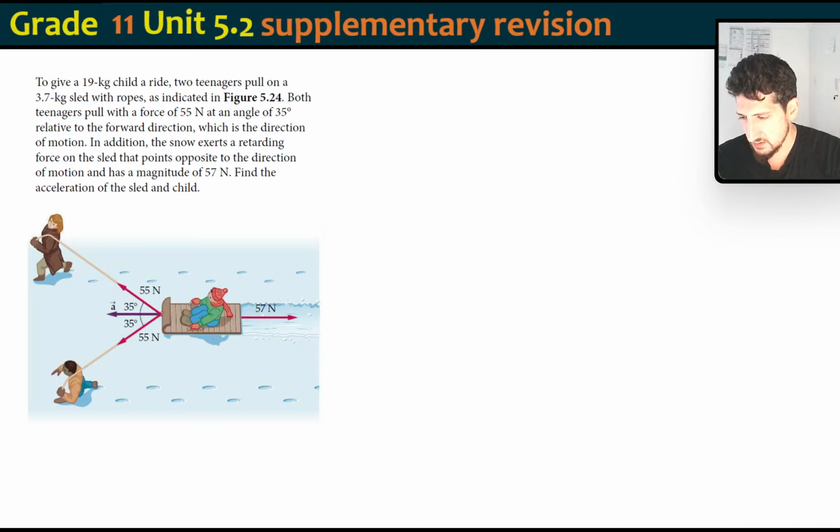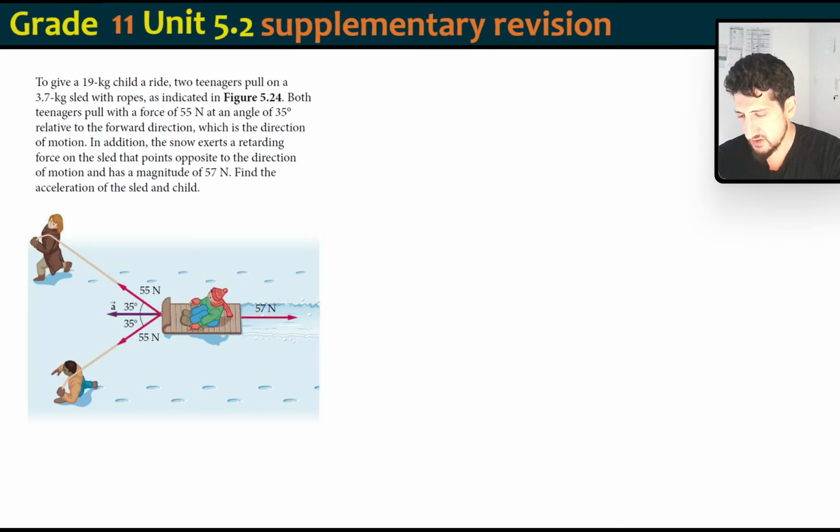In addition, the snow exerts a retarding force. That means it causes friction on the sled that points opposite to the direction of the motion and has a magnitude of 57. Find the acceleration of the sled. Diagrams make everything so much easier.